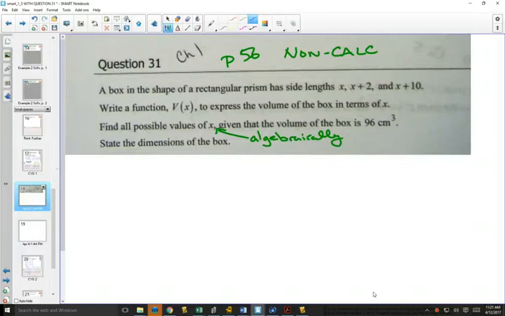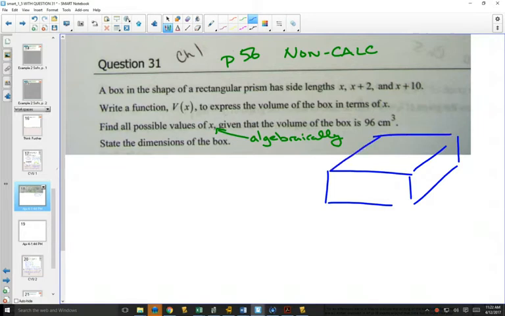So in the second sentence, write a function V of x to express the volume of the box in terms of x. So we know if we draw a picture of this, we know it has side lengths of x, x plus 2, and x plus 10.